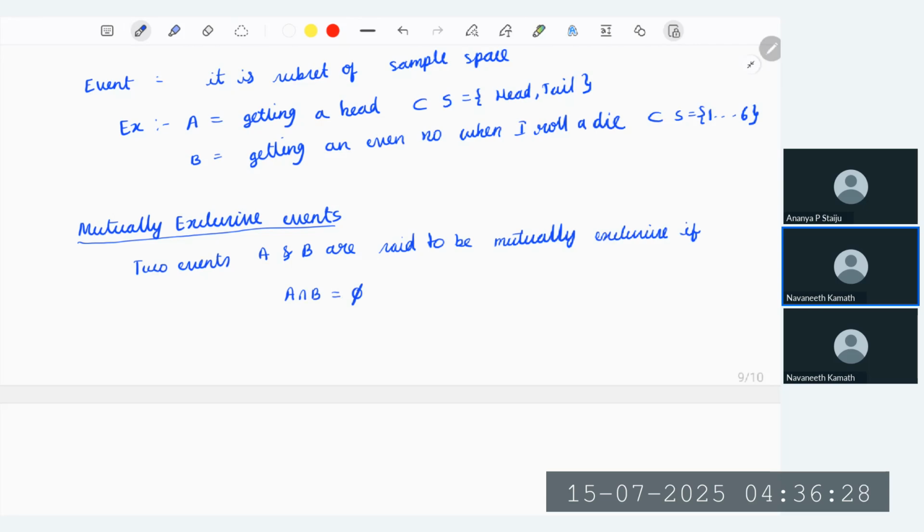That is, in set terms, the intersection between those two sets is the null set, or you can say there is no common outcome between the events.